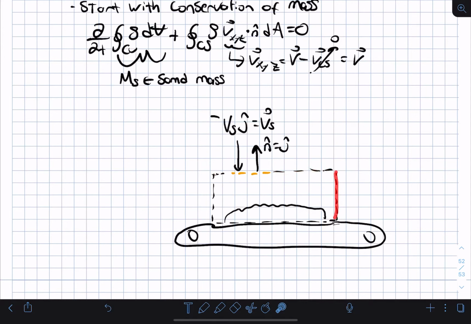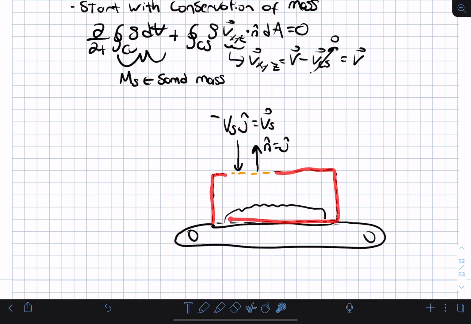There's no sand crossing them, and we have this portion of the top here. There's no sand crossing that. And we have this bottom here where there's also no sand crossing because we are assuming that the conveyor belt is impermeable.